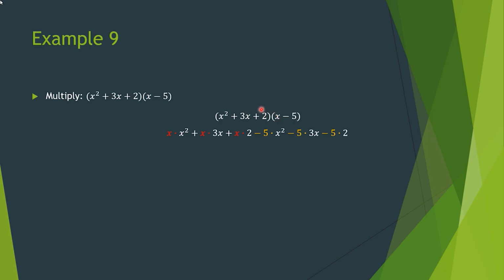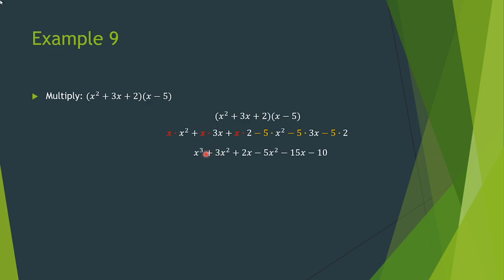So I did x times x squared, x times 3x, x times 2, and then negative 5 times x squared, negative 5 times 3x, negative 5 times 2. And now I noticed that I didn't put the parentheses because you can just work that out and then simplify it.